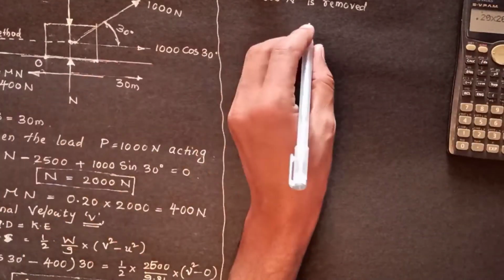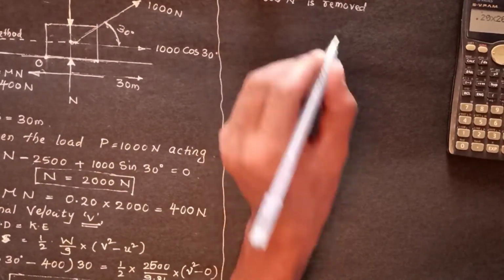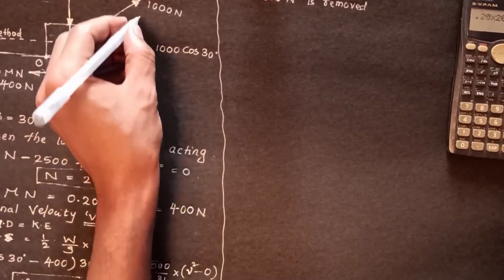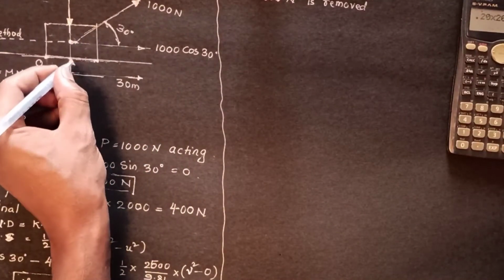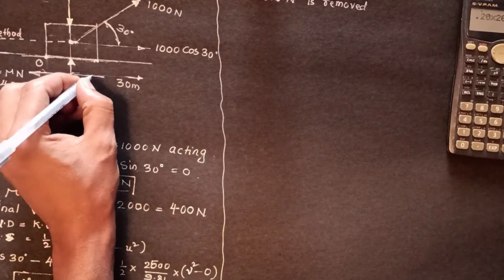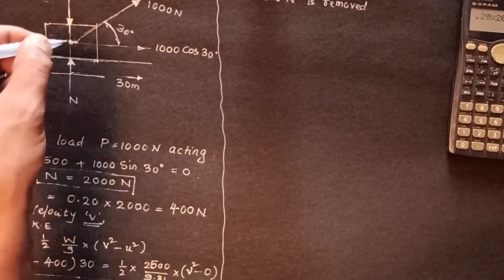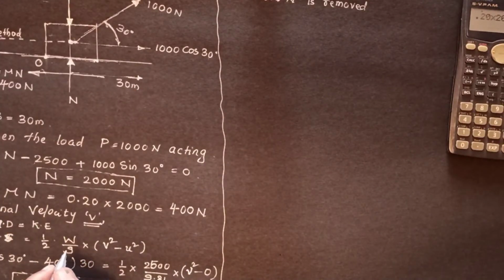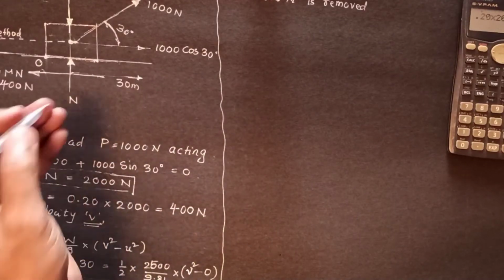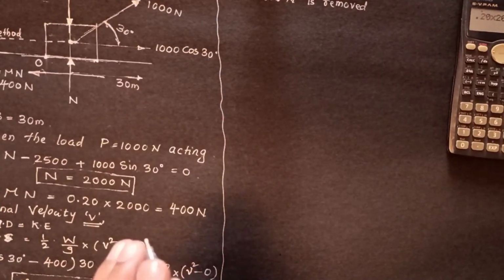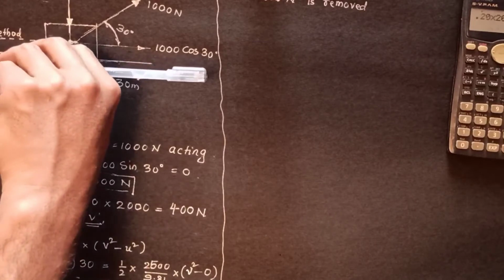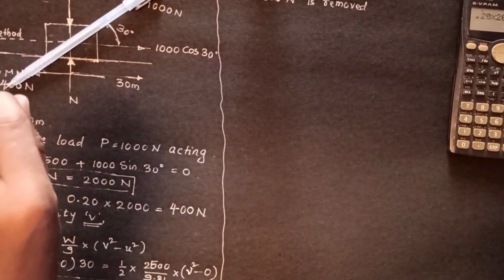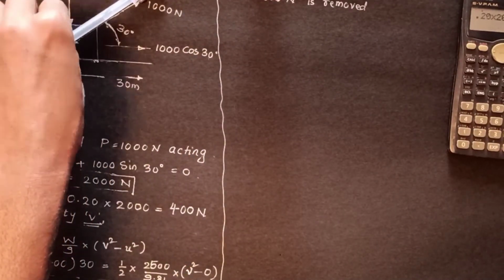In this case, when the load is removed, they are asking how far the object can move forward and what the velocity will be. So what will be the initial velocity when the load is removed? The initial velocity will be the final velocity from before, since the load is immediately removed.